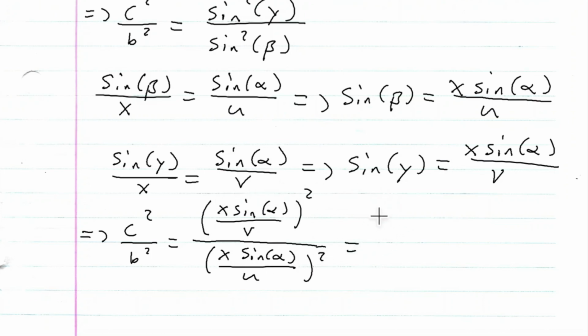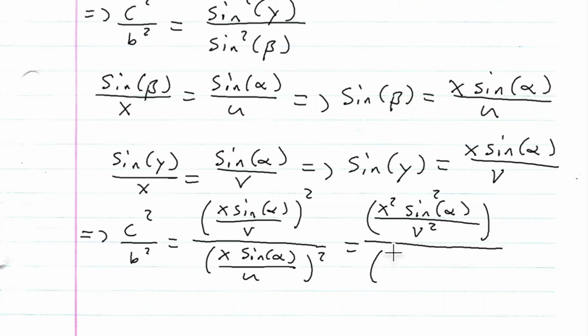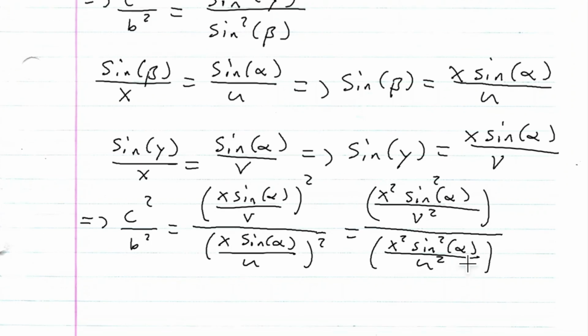And then, of course, this is going to be x squared sine squared alpha over v squared, over x squared sine squared alpha over u squared.